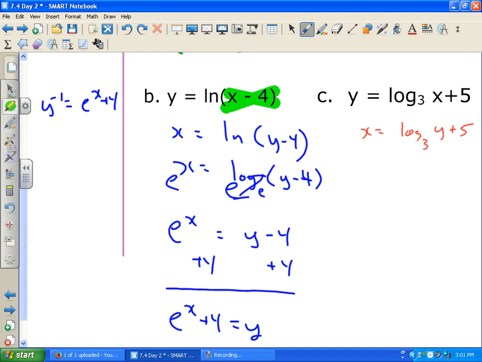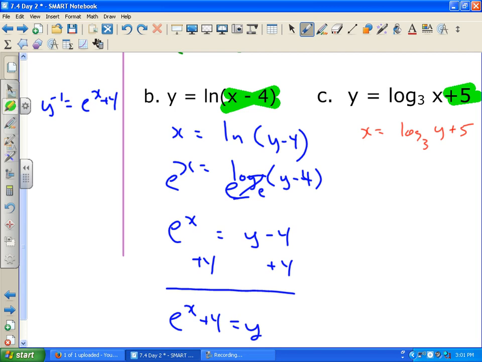So in letter B, in order to get x by itself, I had to first introduce the base of e to clear out my natural log. On letter C, the value of 5 is not connected to x, it's not connected to the log.